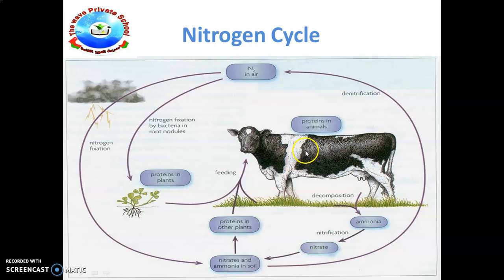That ammonia goes into the animals and makes proteins in the animal body. After that, the waste of the animals and plants will be decomposed into ammonia, and the process called nitrification gives the nitrates and ammonia in the soil. This ammonia and nitrates will be taken by the plants again. Understand?